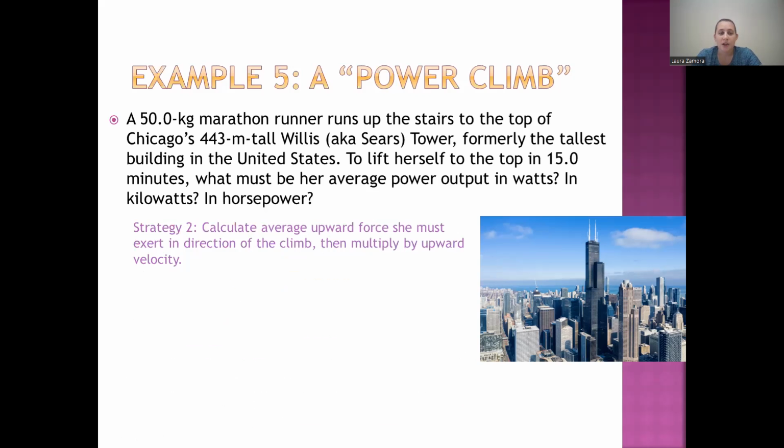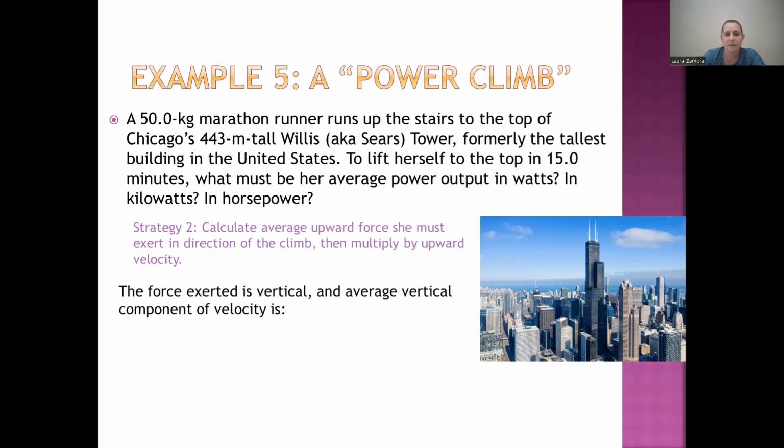Okay. Strategy 2 was to calculate the average upward force that she's exerting in that direction and then multiply it by the velocity, right? So we want that parallel force, parallel to the direction of motion, which is up in this case, and then multiplied by that velocity. So the force that she's exerting is vertical because she's fighting against gravity.